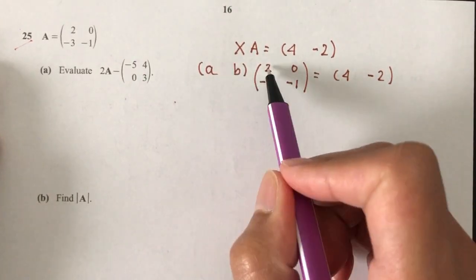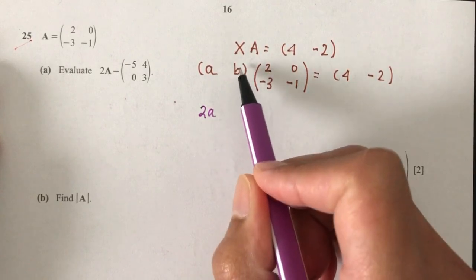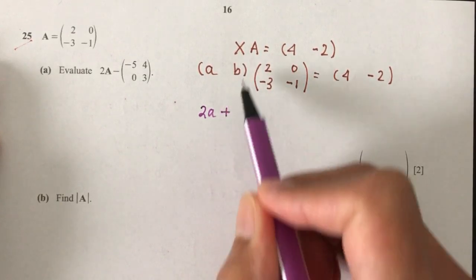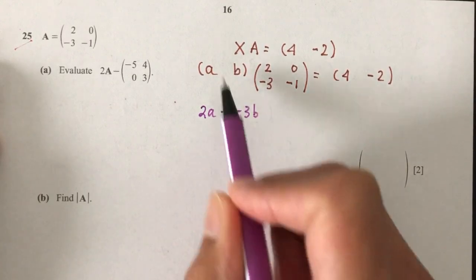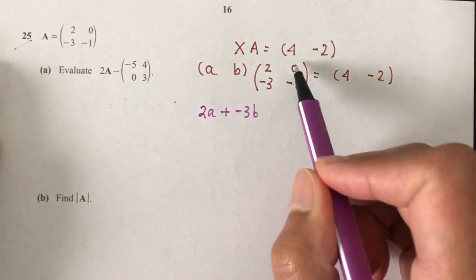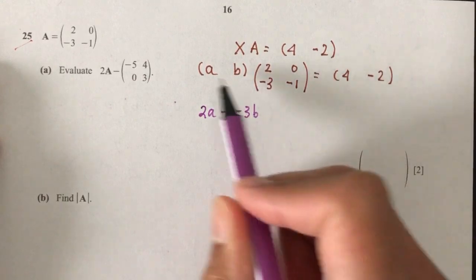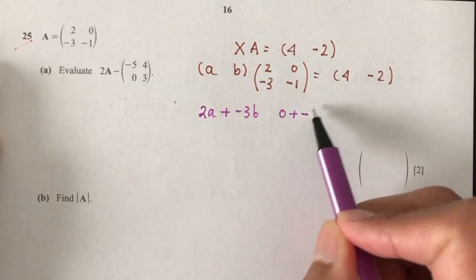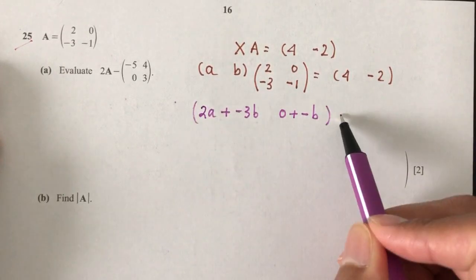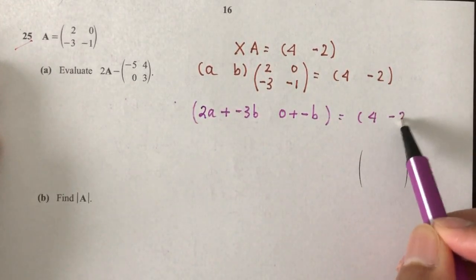So a times 2 is 2a, plus b times -3 is -3b. That's the first entry. This entry will be rows by columns as well: a times 0 is 0, plus b times -1 is -b. This will be equal to [4, -2].